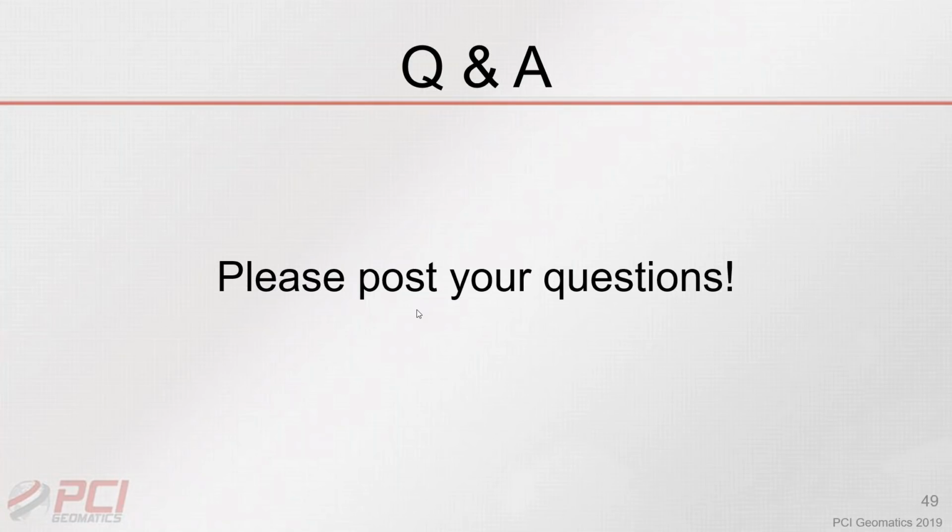We have another question about linking ArcGIS with PCI. I'm not sure specifically what is meant by linking, but I can explain a couple of things. Because Geomatica has the Python API, it becomes very easy to create a toolbox inside ArcGIS. If you're talking about creating a toolbox that calls PCI technology, then the answer is absolutely yes, you could do that.